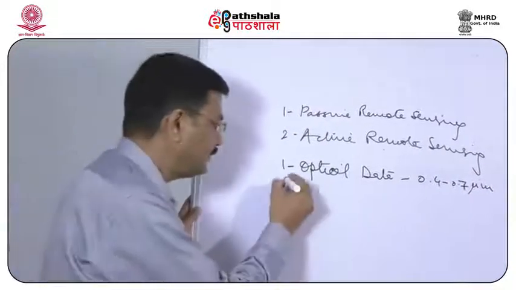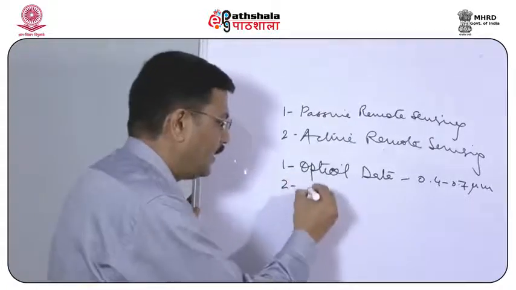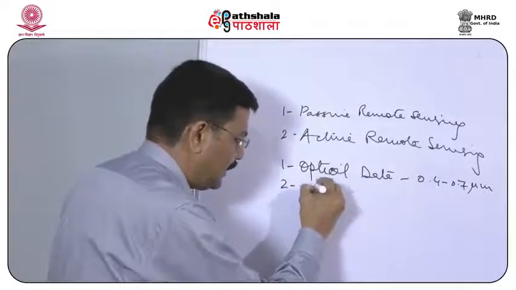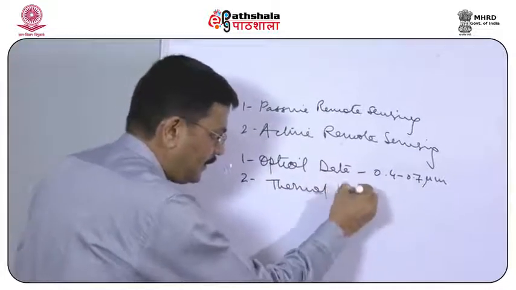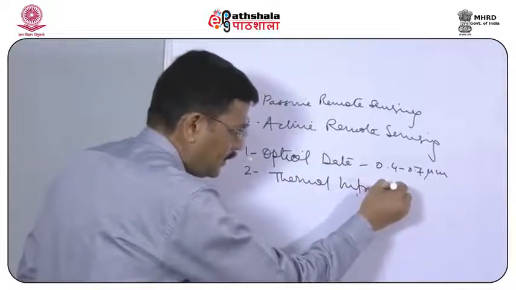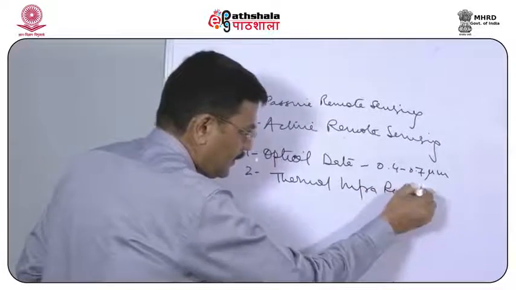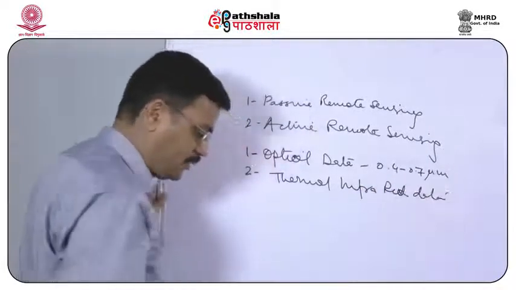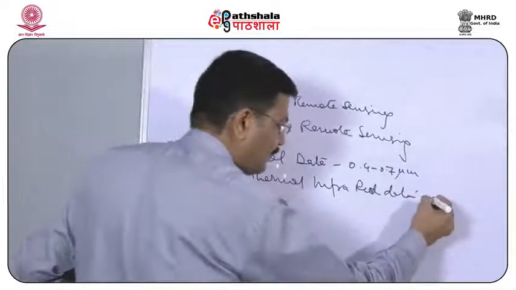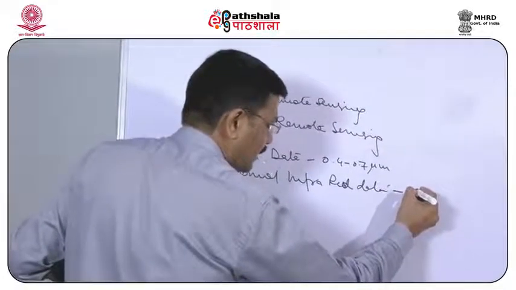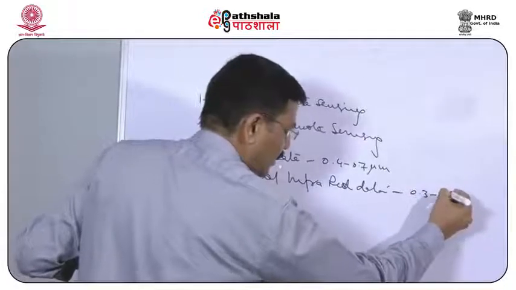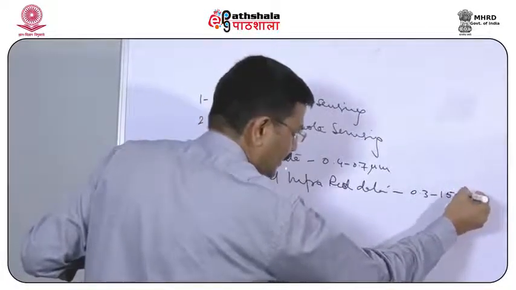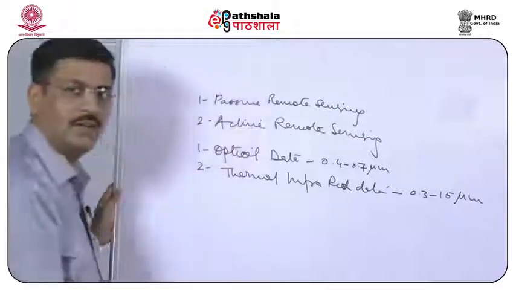The second, the thermal satellite data, rather thermal infrared data, which is being used in the region somewhere between 0.3 to about 15 micrometer.